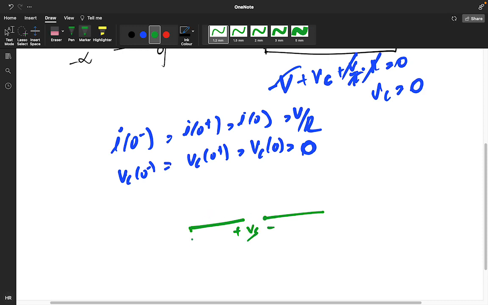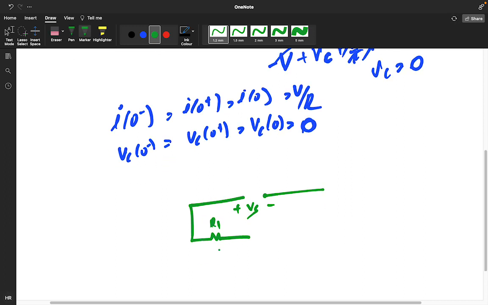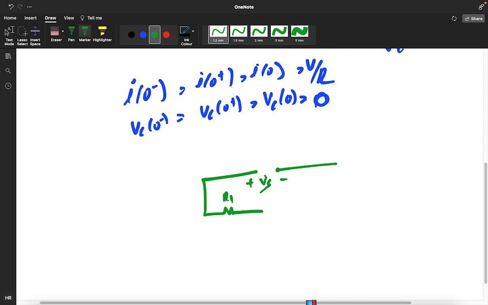And I have R1 because they asked for the switch voltage at t equals 0+. We know that at t equals 0+ the capacitor voltage is the same, and that voltage is 0, so I am just making it 0.